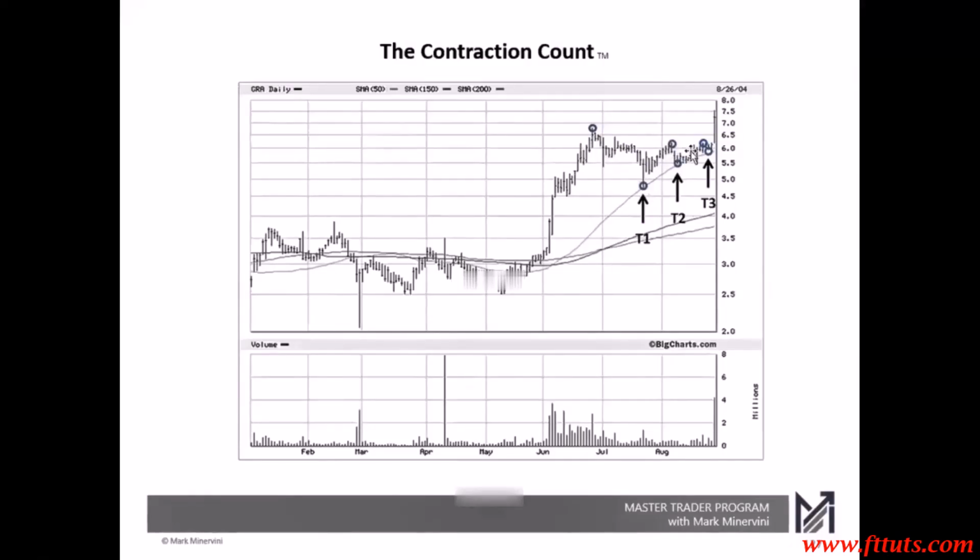That's how you count them: the next contraction will be tighter than the previous, and it will be at a higher level. So you start getting those higher lows moving up from the low in the base. And then you get to that right side, and that's when we start getting interested.